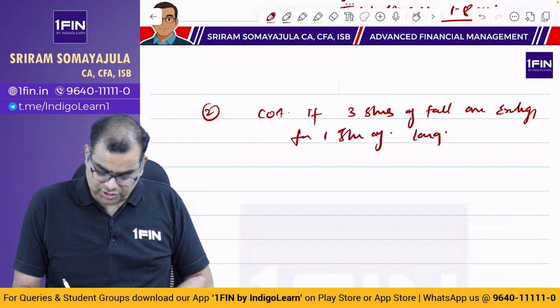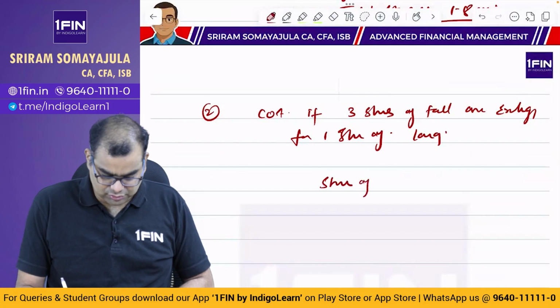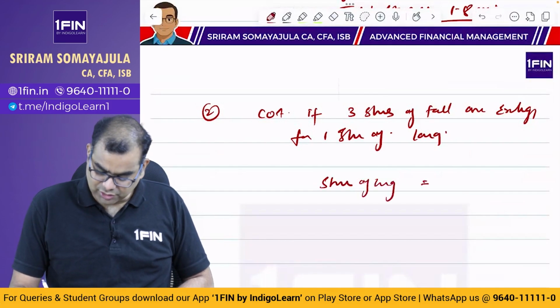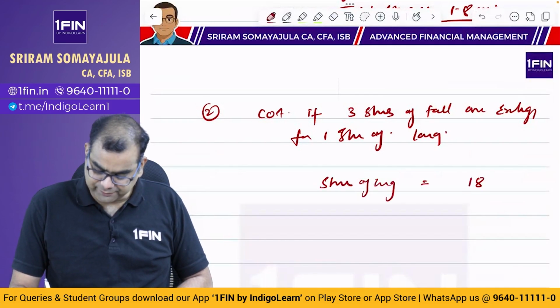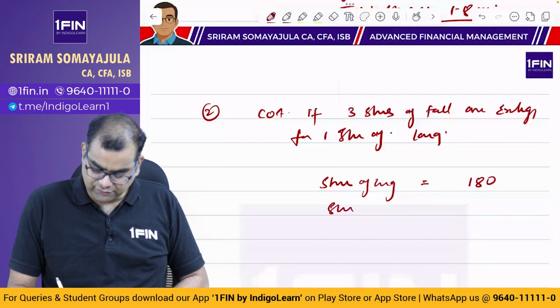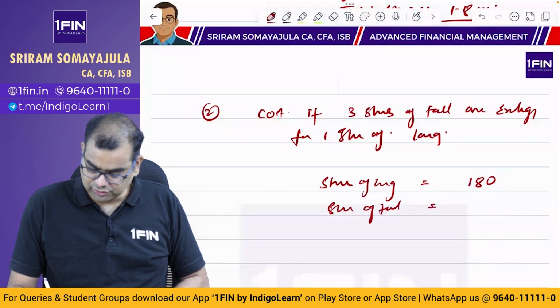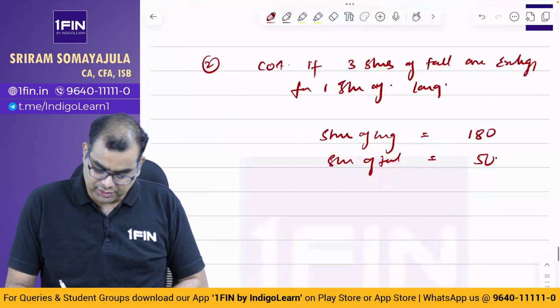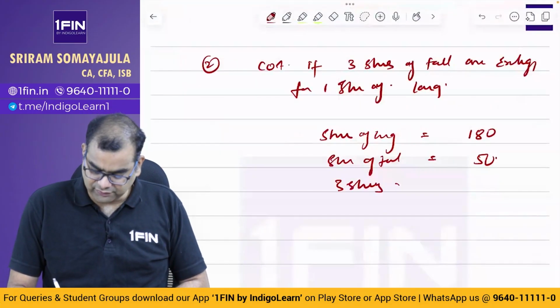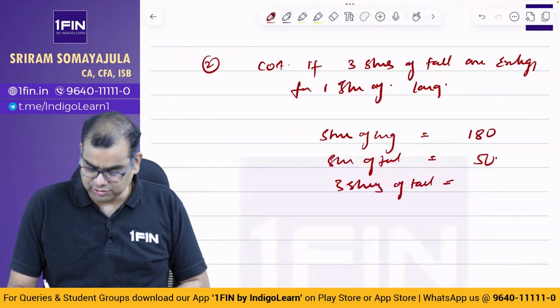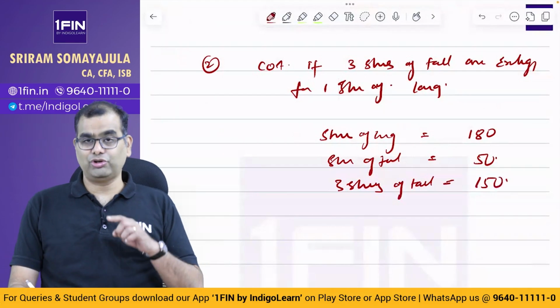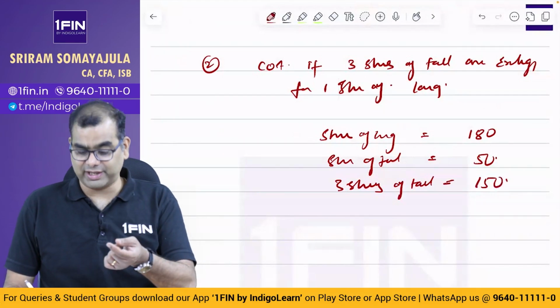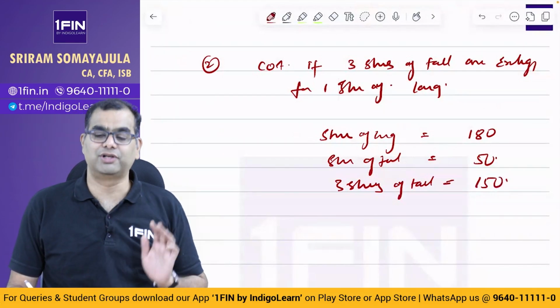See, the share of Long is equal to 180, right? The share of Tall is equal to 50, correct? Yeah, 180 and 50. 3 shares of Tall is equal to 150. So you are giving a 180 rupee worth share and getting only 150 rupees worth of shares.